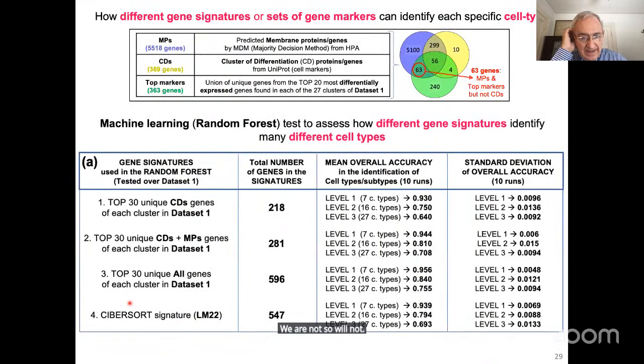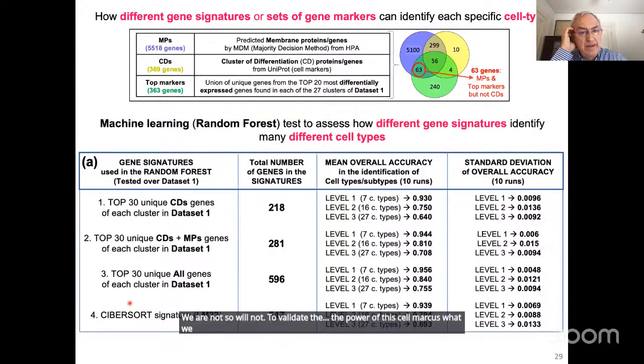To validate the power of these cell markers, what we did is a little bit of machine learning approach that is the following.